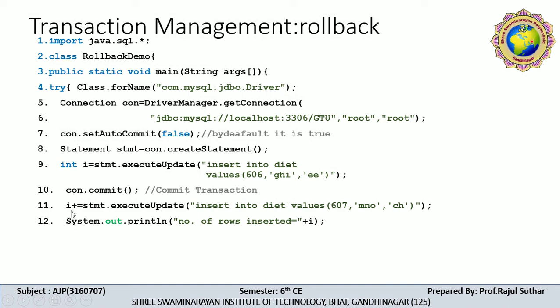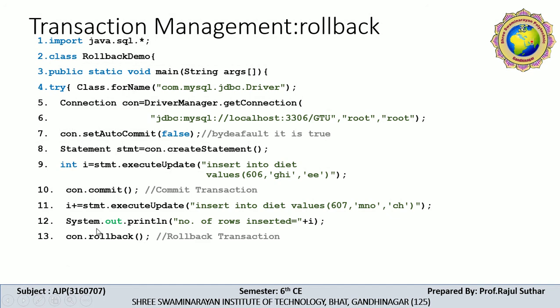Again we write one more transaction: i plus equals statement.executeUpdate, insert into the table value 607, MNO and CH. System.out.println number of rows inserted. Here con.rollback.